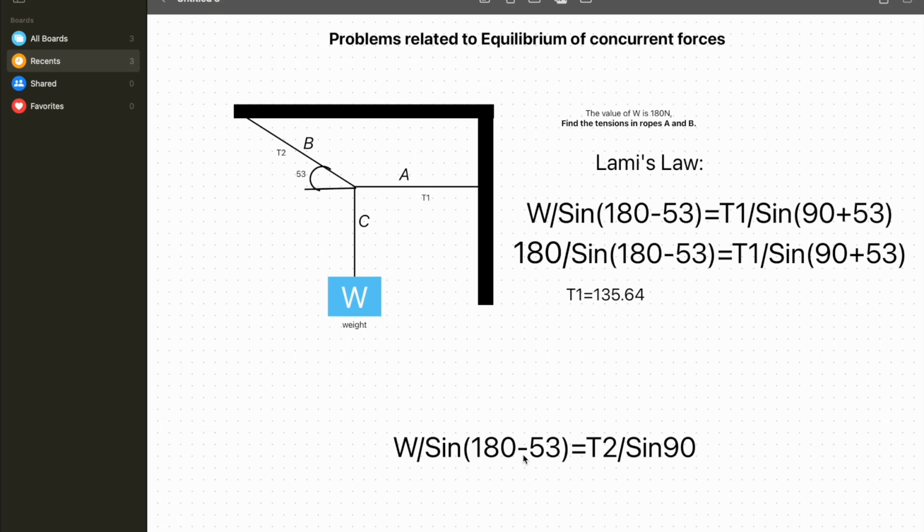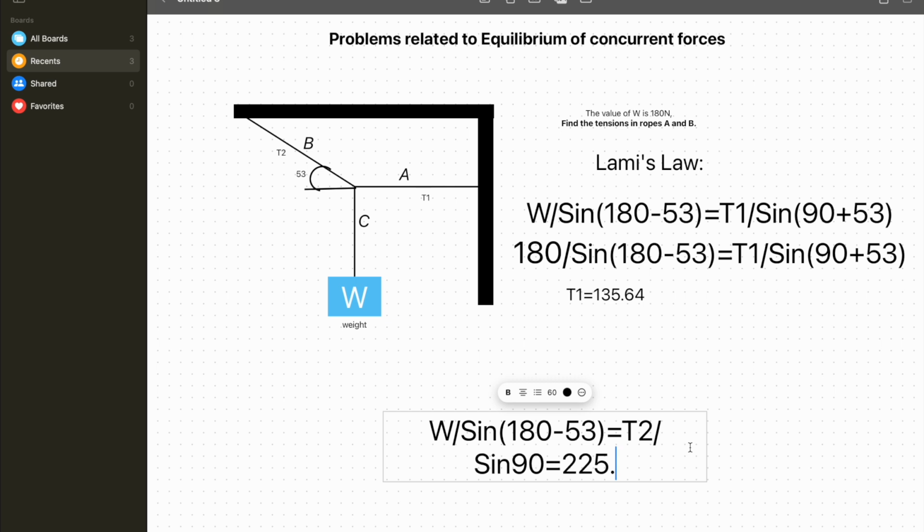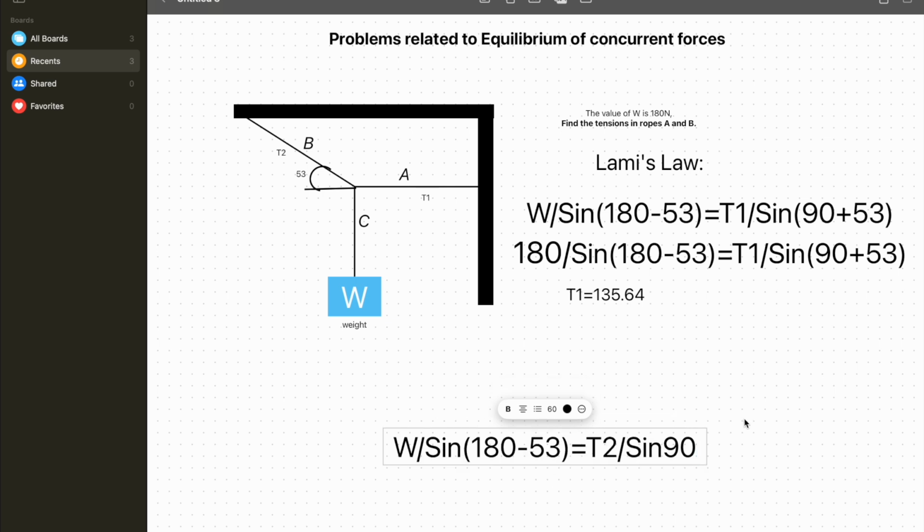So 180 divided by sine of 180 minus 53 is 225.38 Newton.